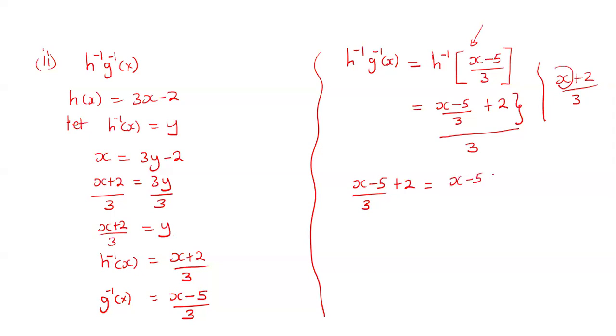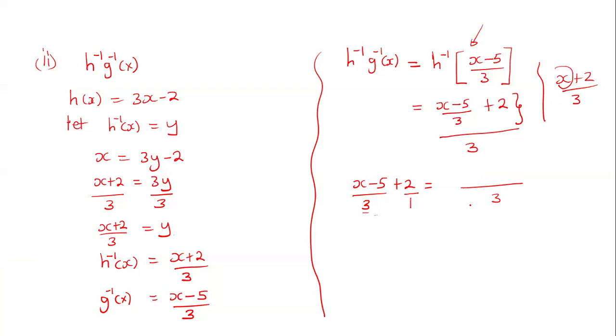Remember, these are x minus 5 plus 2, everything out of 3. What is your LCM? Because now you either cross multiply or you find the LCM of 3 and 1. LCM is 3. Okay, allow me to first remove this. So we shall say that our LCM is 3.